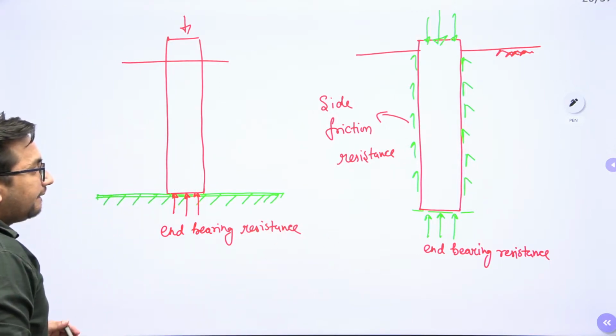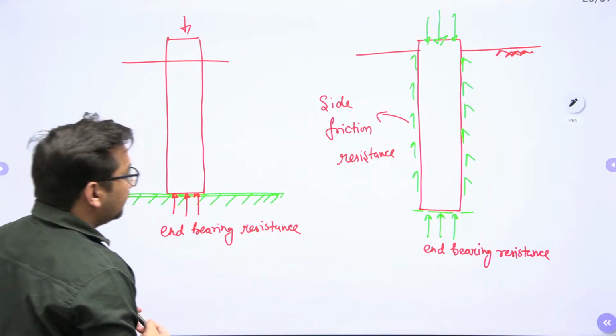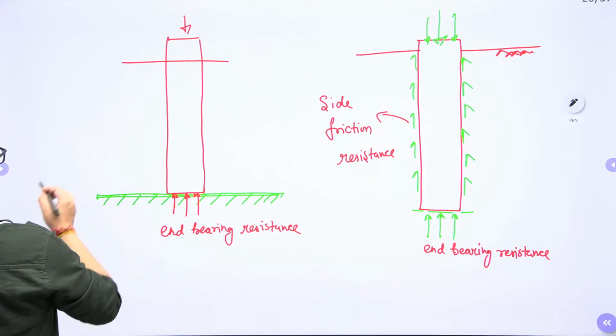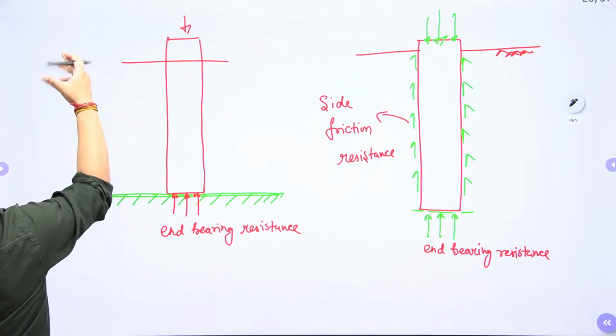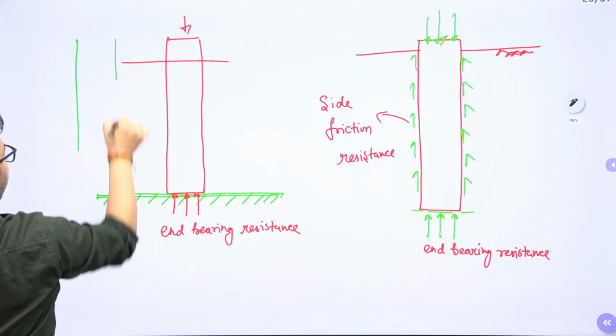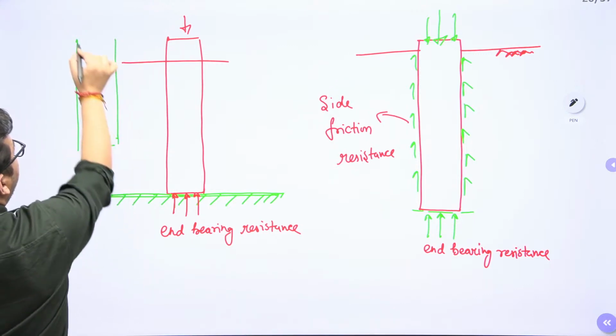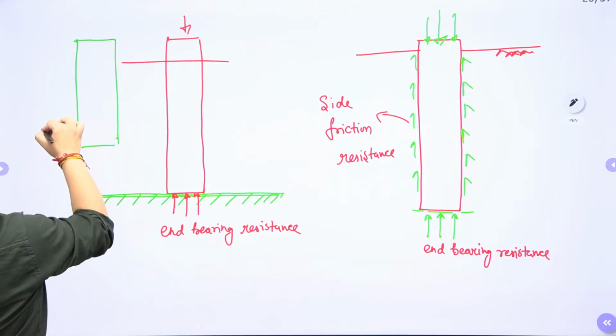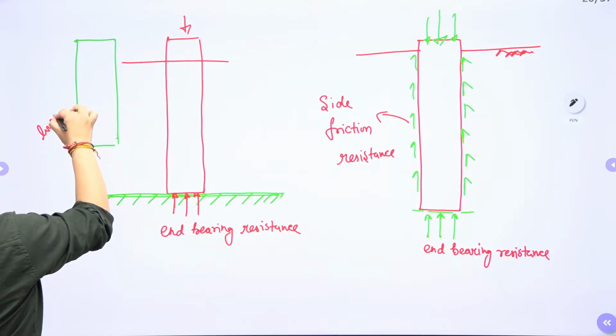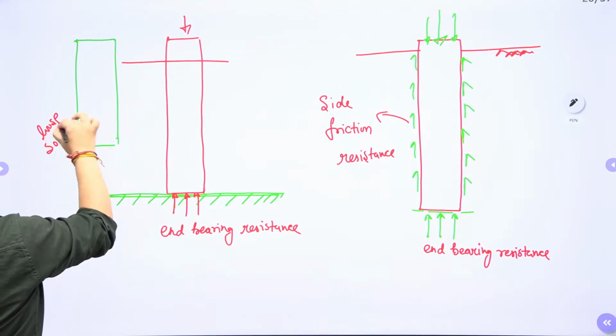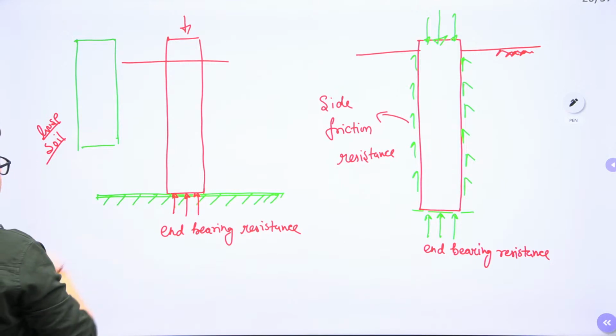Clear? Also there can be another case. Let's suppose this is one pile and this is very loose soil. So what will happen in this loose soil?